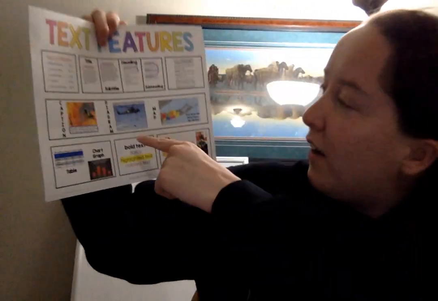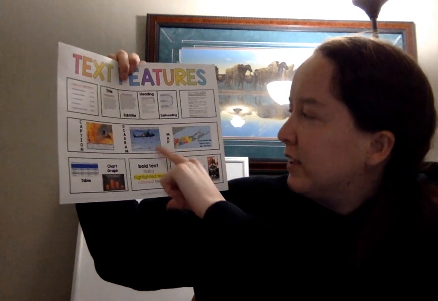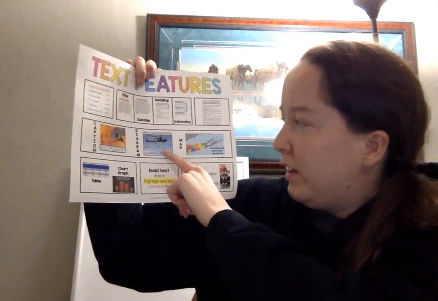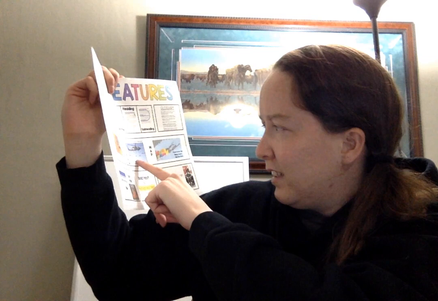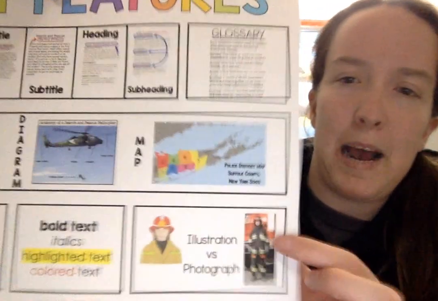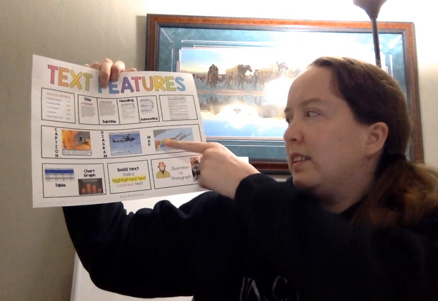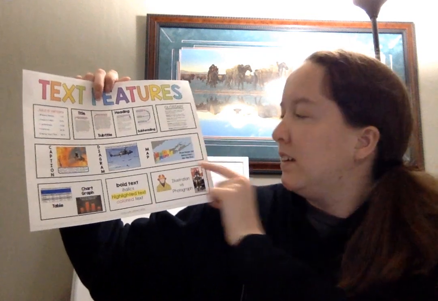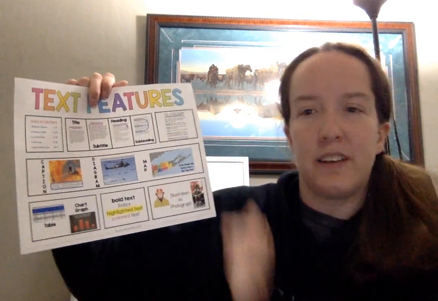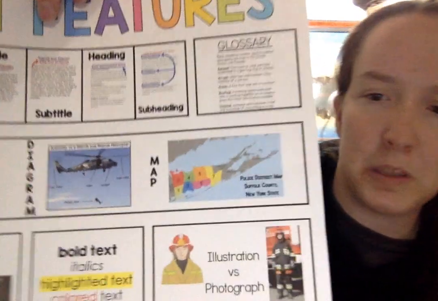Like on this, it has a helicopter, and it tells you that there's a rudder, cabin, cockpit, etc. Then there's also maps, which are images that will tell you what the map is. Usually has a key on there to tell you what is specifically in the map.